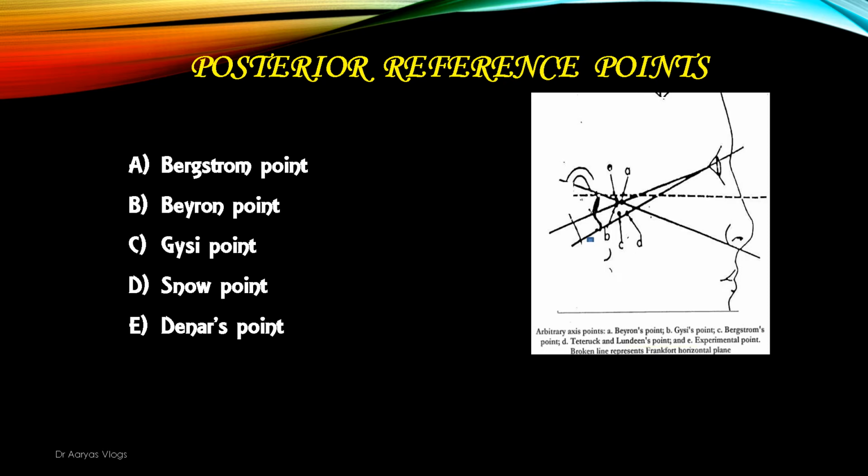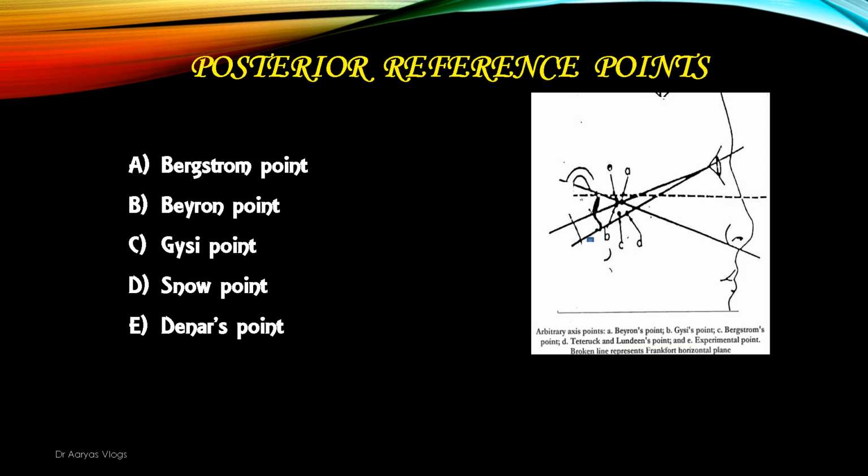Now coming to the posterior reference points. Which are those posterior reference points and what is their role? The posterior reference points are very important in locating the hinge axis appropriately.